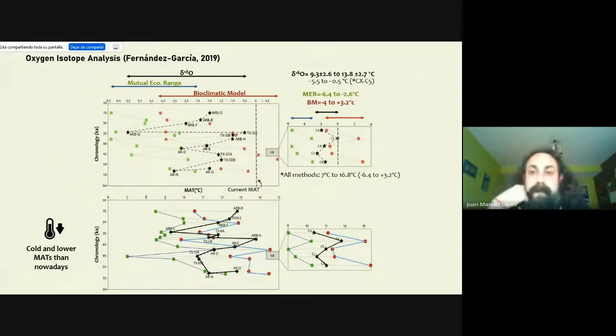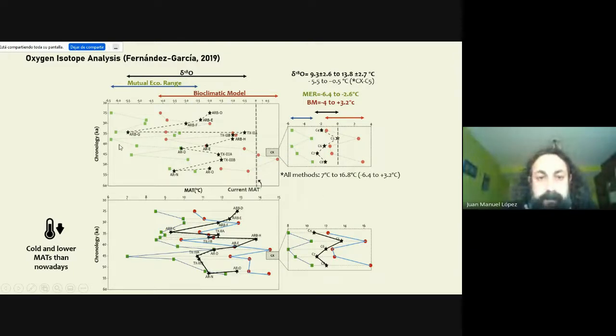This was my PhD student that used the incisors of rodents to make oxygen isotopic analysis, to calculate the ratio of oxygen 18-16 in rodent teeth and compare with other methods. For example, this is the comparison with mutual ecogeographic range and bioclimatic model with different sites.